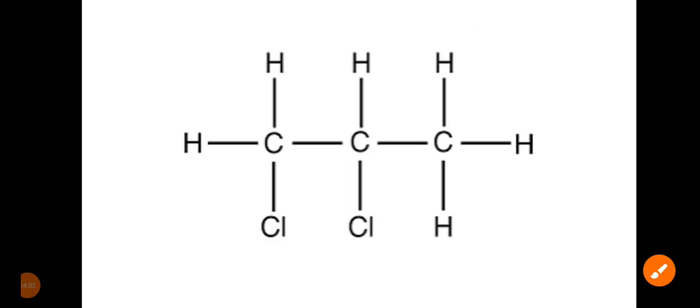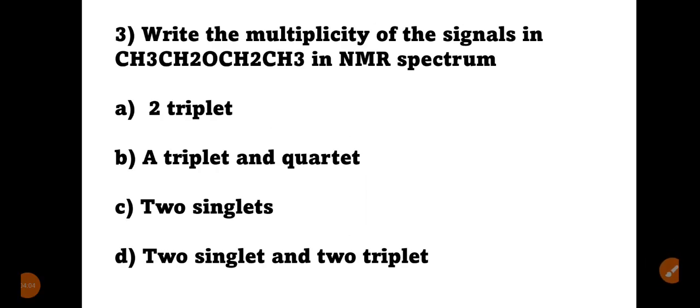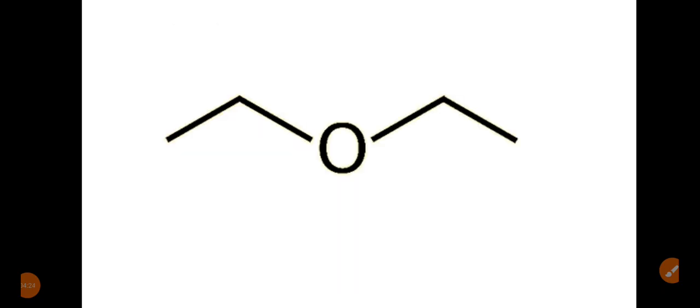Okay, next: write the multiplicity of the signals in CH3CH2OCH2CH3 in the NMR spectrum. That is a very simple question, that is diethyl ether. The options are: 2 triplets, a triplet and quartet, 2 singlets, and 2 triplets. So let's see the structure of diethyl ether. First of all we have to see how many signals it is giving.